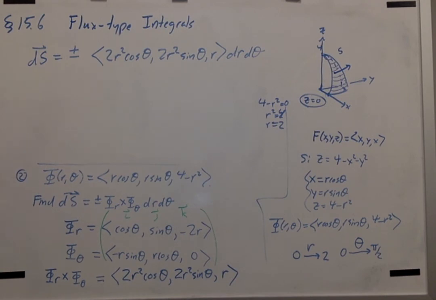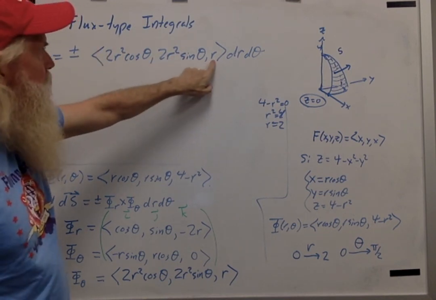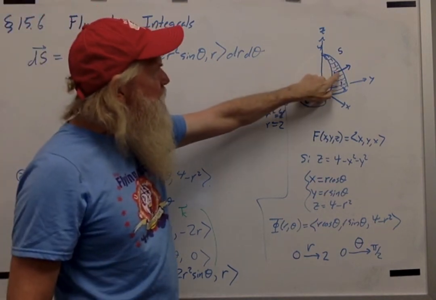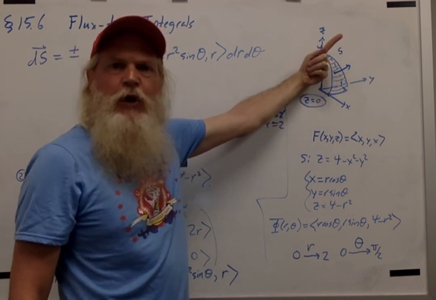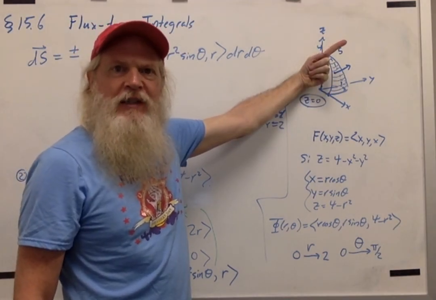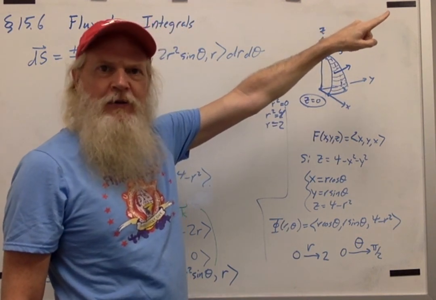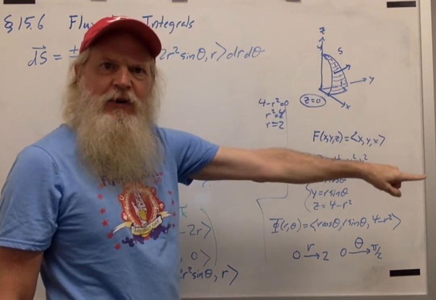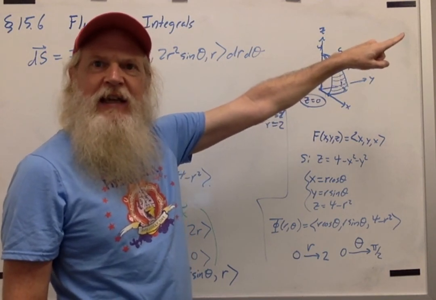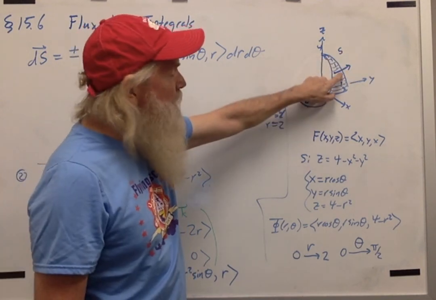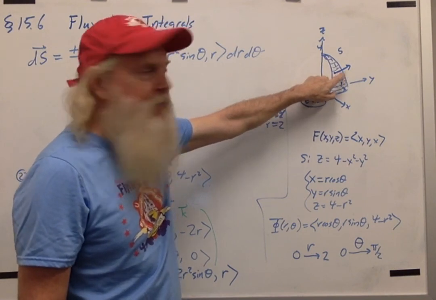So how do we choose whether it's going to be a plus or a minus? Notice that for all of the vectors on this portion of the paraboloid, the z component is positive because this vector is pointing above horizontal. If it had a z component of 0, it would be pointing horizontally. But since it's pointing above, the z coordinate has to be positive.